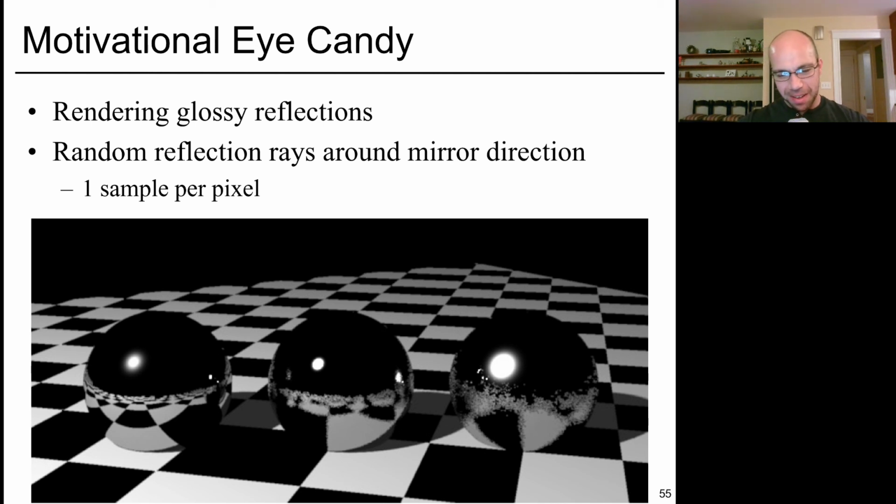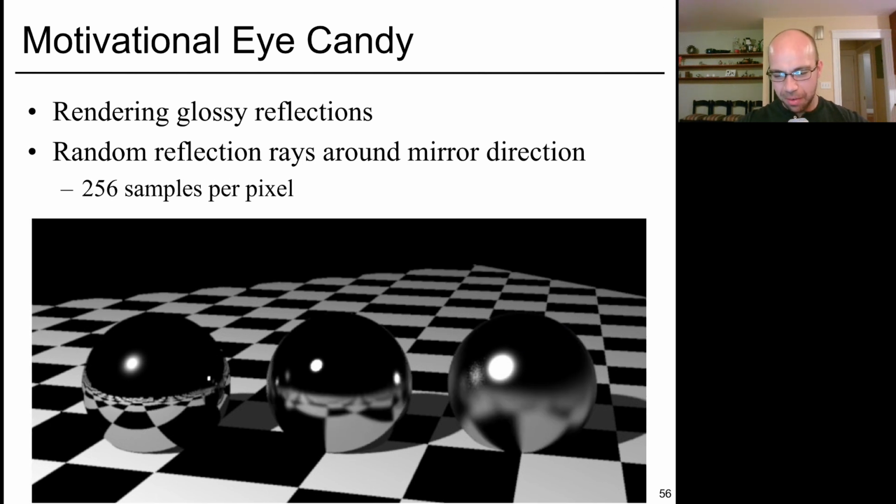Here we see some glossy reflection, and of course there are a lot of different noise artifacts, especially with one sample per pixel. That's far too few. Increasing the number of samples per pixel really increases the quality of the image. But even with 256 samples per pixel, if you have a glossy enough material, it doesn't look so good.